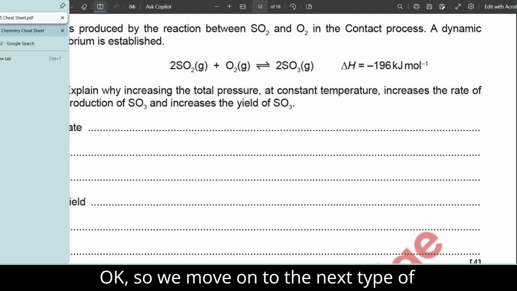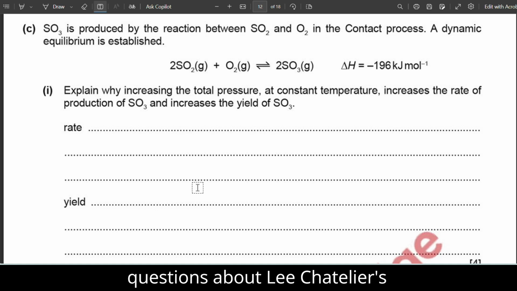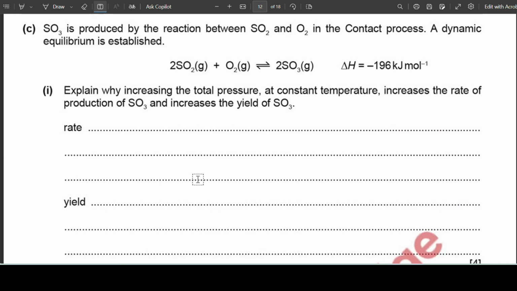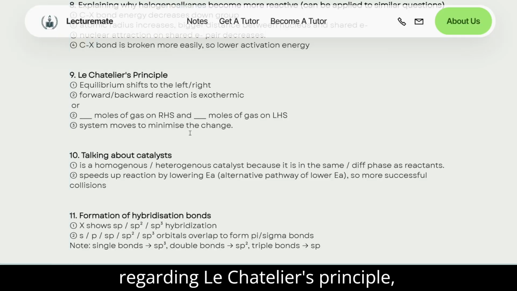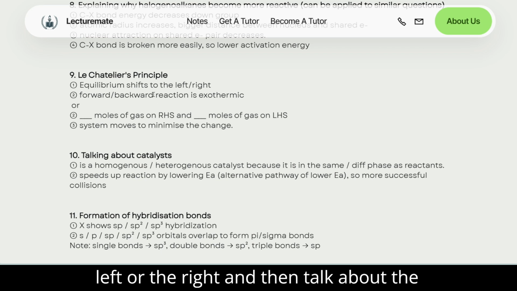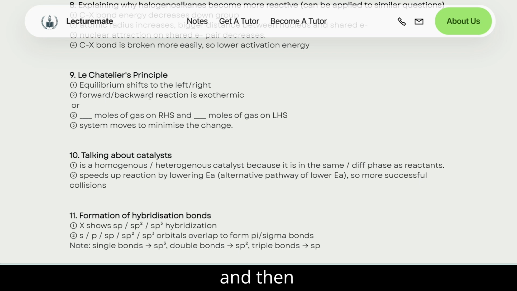Okay, so we move on to the next type of question, which are basically questions about Le Chatelier's principle. So you will actually get quite a few of these. For questions regarding Le Chatelier's principle, basically you just keep talking about whether the equilibrium shifts to the left or the right, and then talk about the backward reaction being exothermic or endothermic.